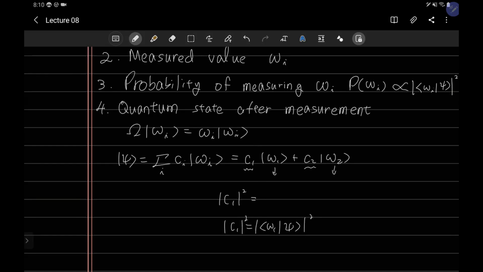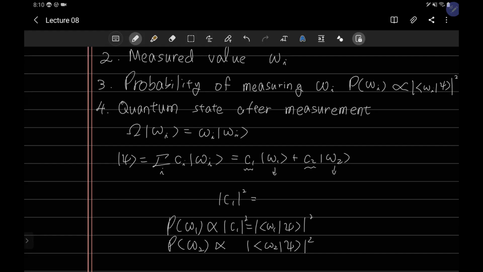And what the third property says is that the probability to measure the omega-1 value is proportional to this value, while the probability to measure the omega-2 value as a measurement result is also proportional to the magnitude of the omega-2 inner product with psi, squared.